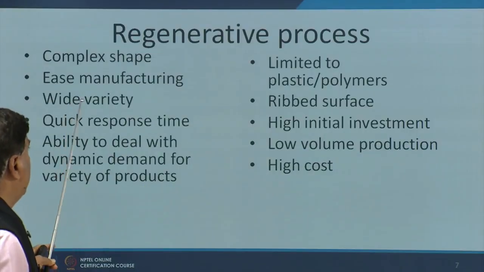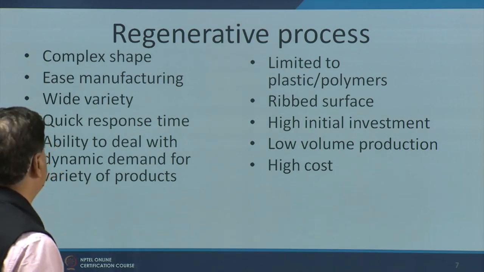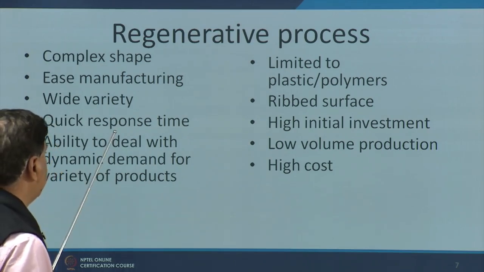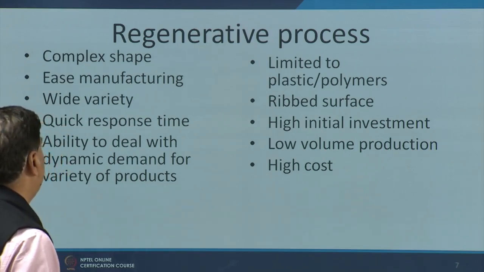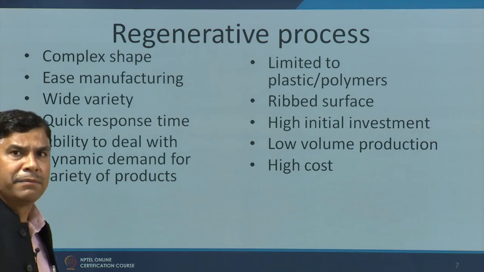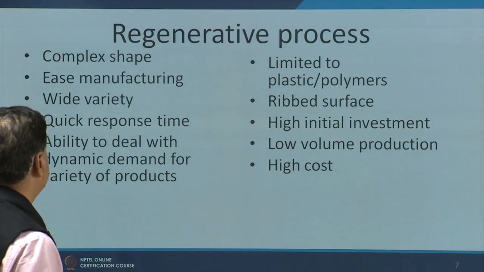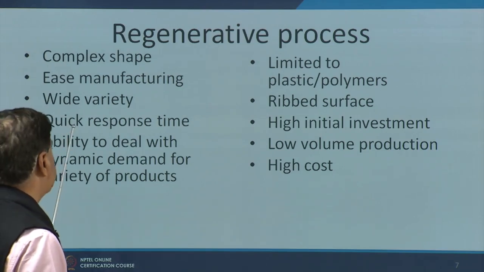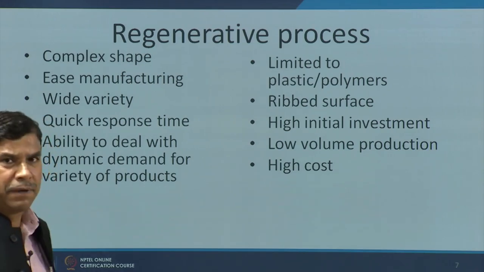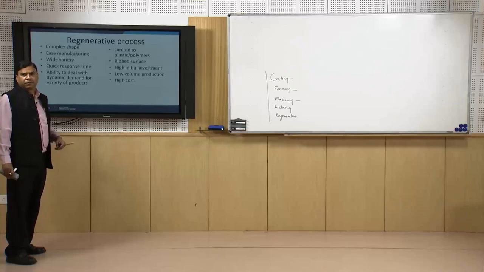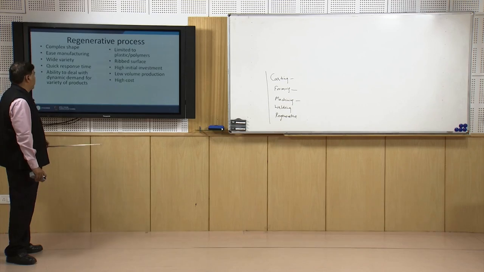This process is easy to use for manufacturing simple shape products of very large variety, meaning different geometrical features and different dimensions can be easily made, because it uses CAD CAM and rapid prototyping principles for making the product, and it offers very good response to the changing conditions of the market. As per the requirement of the demand, designs can be modified and the volumes to be made can be modified.